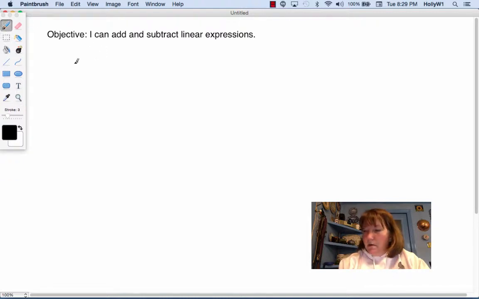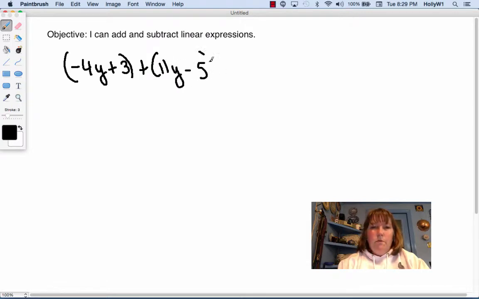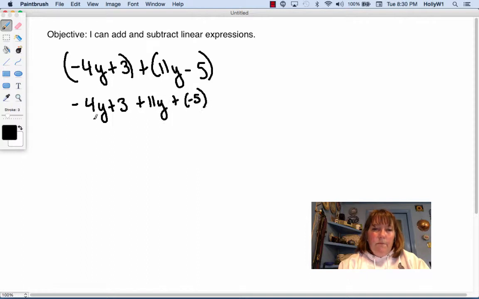If I have negative 4y plus 3, and we're going to add it to 11y minus 5. If we do this linearly, it's negative 4y plus 3 plus 11y plus a negative 5. I'm going to gather like terms, negative 4y plus 11y, and gather the constants, 3 plus a negative 5.